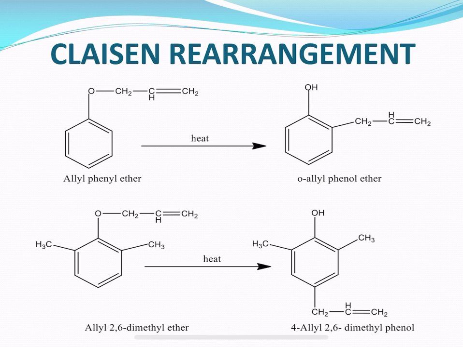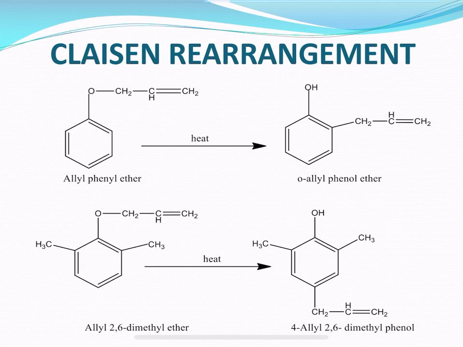The Claisen rearrangement is also a very important organic chemical reaction which offers a powerful method for the formation of carbon-carbon bonds. Here there is a carbon present, and in the allyl group we also have carbon. So this is a powerful method for the formation of carbon-carbon bonds.